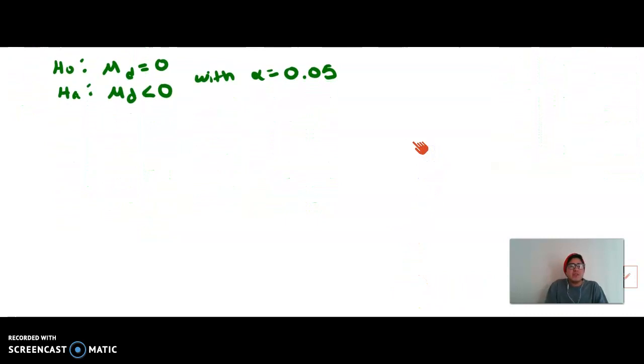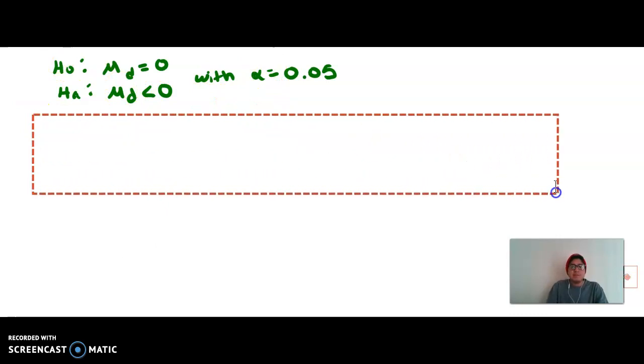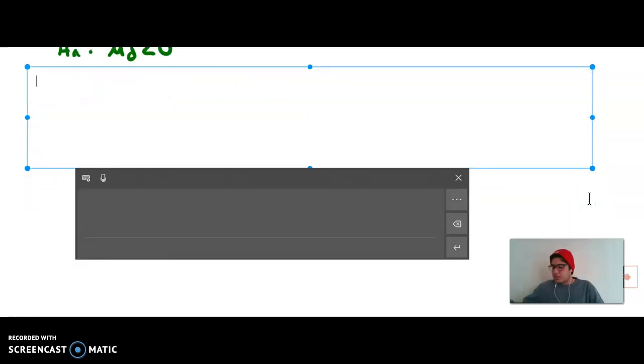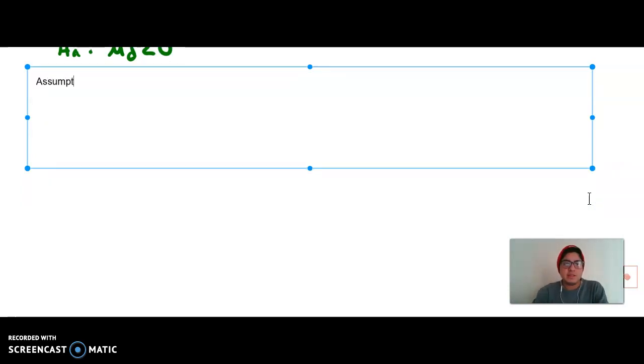Now we're going to check a few of the assumptions. Our independence, our normality, and our randomness. So here, we've done the P and the H. Now we need to check the assumptions and name the test. So here in the assumptions, we were told that there was random assignment of both pills to the 10 patients.